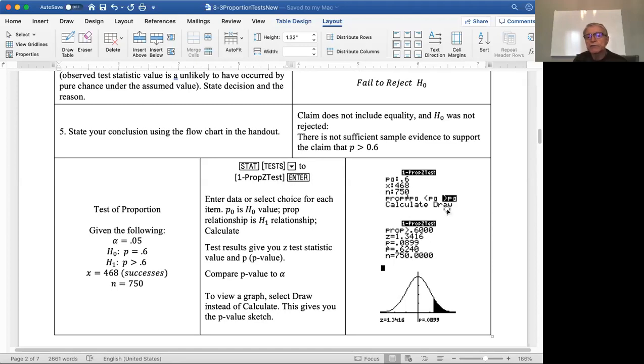Then it's going to show you a screen for inputs, and you can get your results after you've entered those and hit either calculate or draw. So let's go look at the calculator. I need to remember that x is 468 and n is 750, and our proportion assumed value is going to be 0.6.